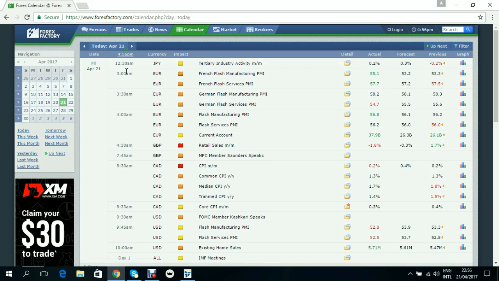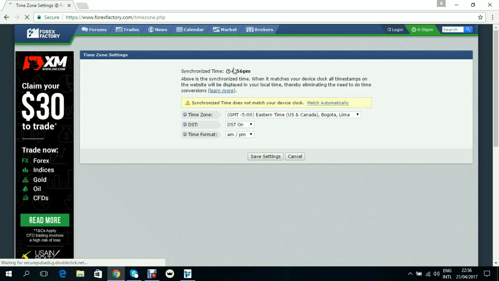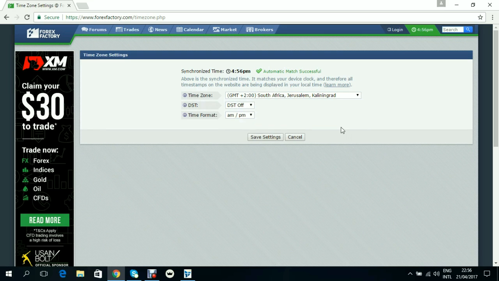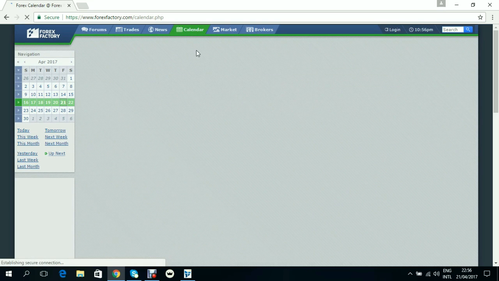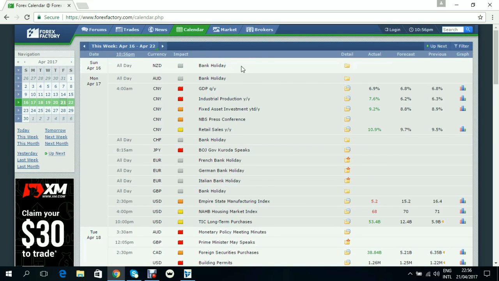Okay, this time is not okay, so it's easy. You just click here and then it will pop up the time, and you can match it automatically and then just save it and it changes. So all we need to do is to go back to calendar.